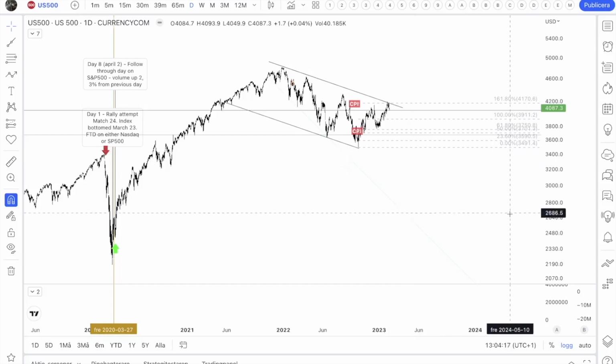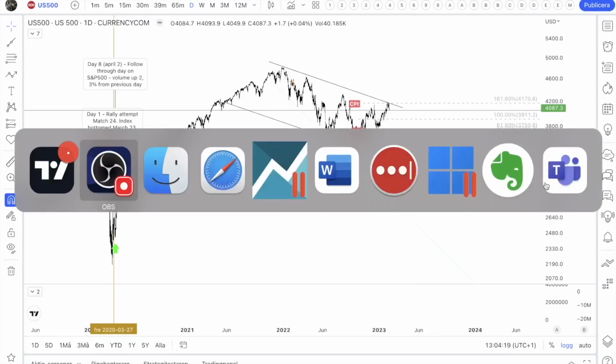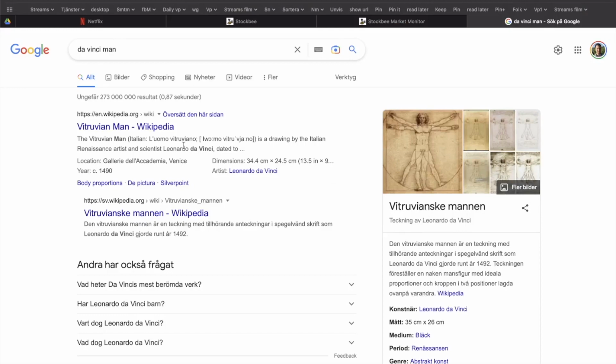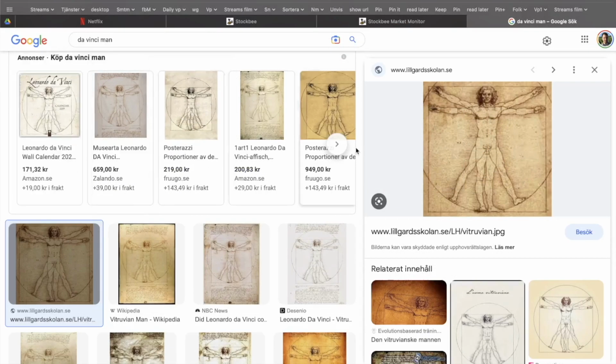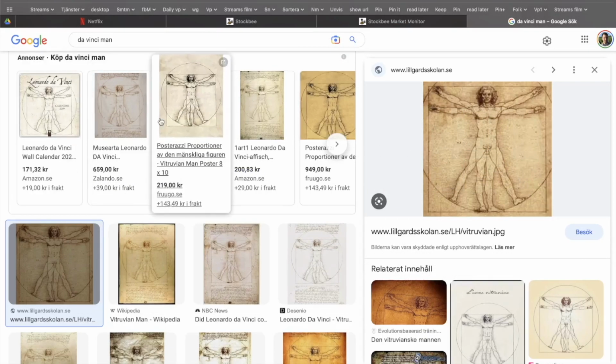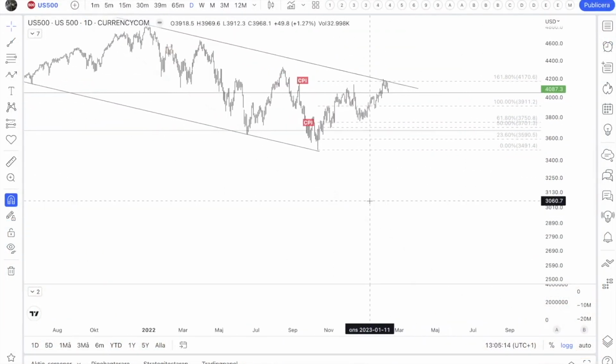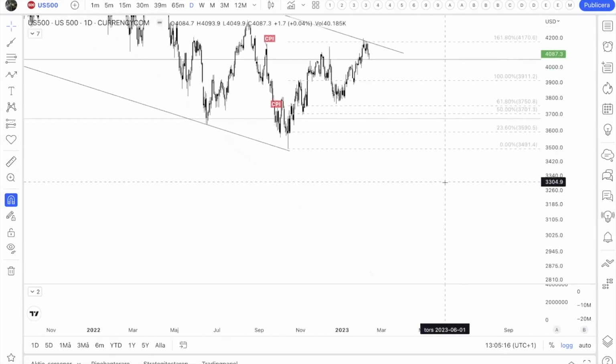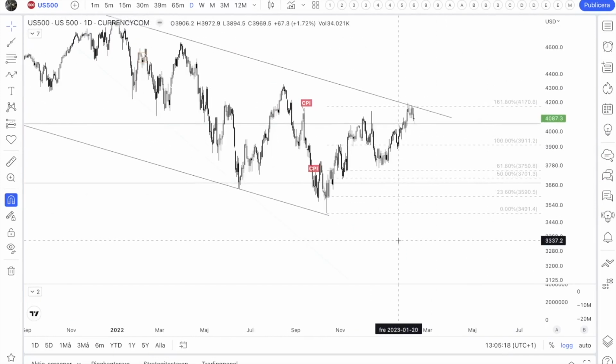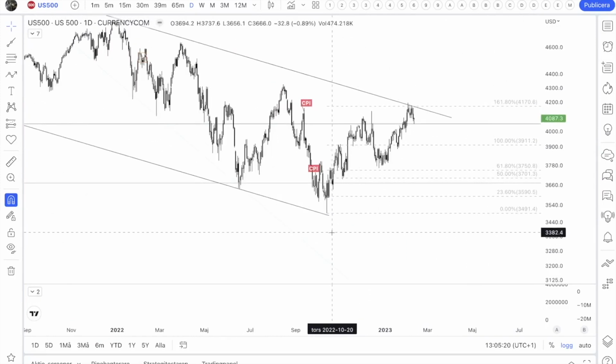It's just the fib. You know, do you know the Vitruvian man, right? This is proportions. So humans like proportions, and that's just how it is. So fibs is a way to draw that and to be able to project it.